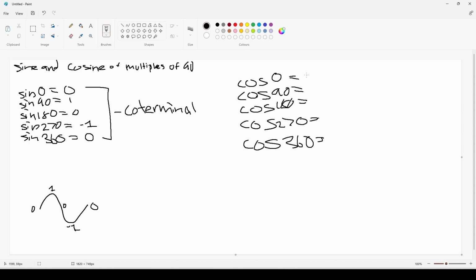So for cosine 0, we start with the 1, and then we go down to 0, -1, 0, 1. And we can see here, if we extend this just one more, 0, -1, and 0, that our cosines are the same as our sines, only the sines are shifted 90 degrees to the right.